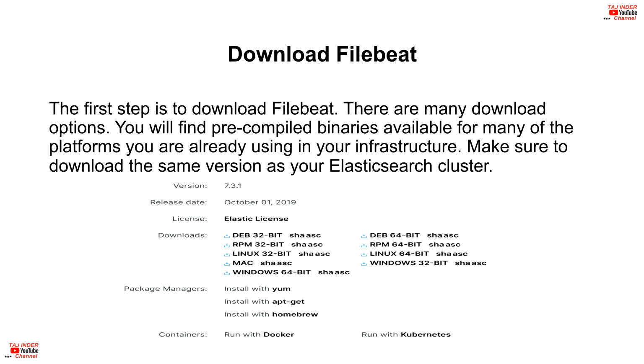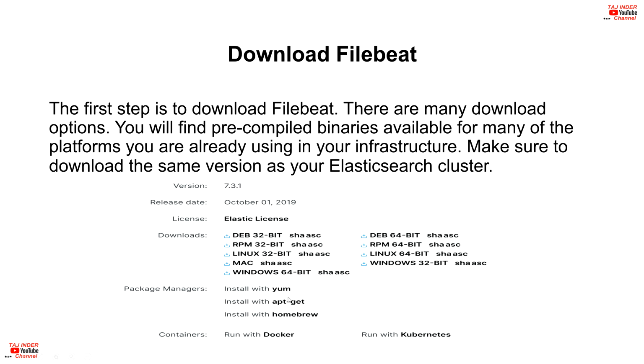Download Filebeat. The first step is to download Filebeat. There are many download options. You will find pre-compiled binaries available for many of the platforms you are already using in your infrastructure. Make sure you download the same version as your Elasticsearch cluster. The last line is important. Whichever version your Elasticsearch is, should be the same version for Filebeat.